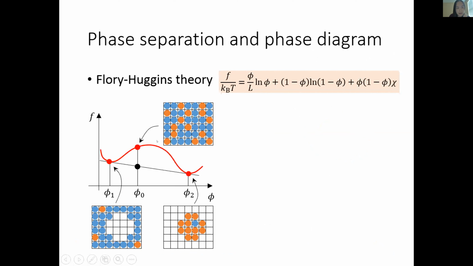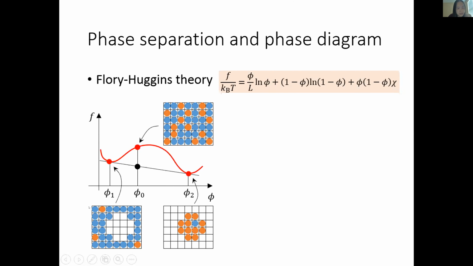If we have a convex part in the free energy, then consider a system starting with a global concentration of polymer phi 0. If the system is homogeneously well mixed, it will have this free energy, because that is how we derived it. However, the system can also try to phase separate, into a dilute phase and a dense phase with much higher concentration of polymers.